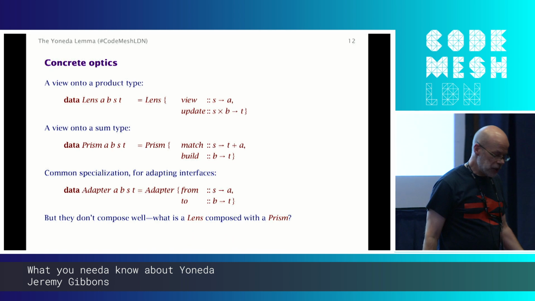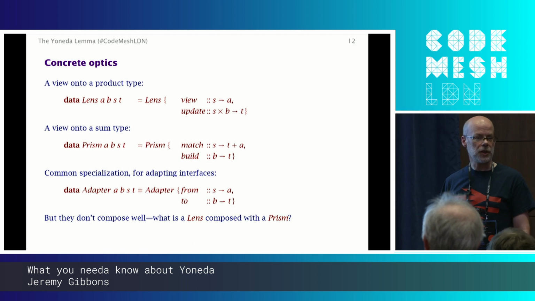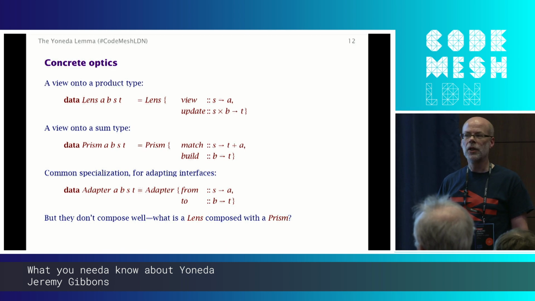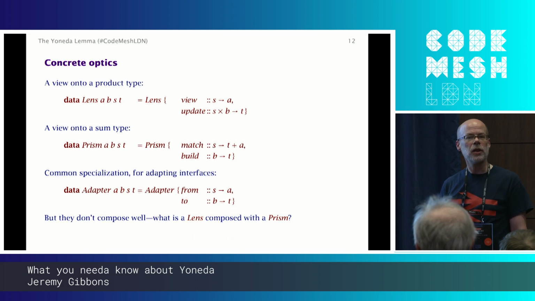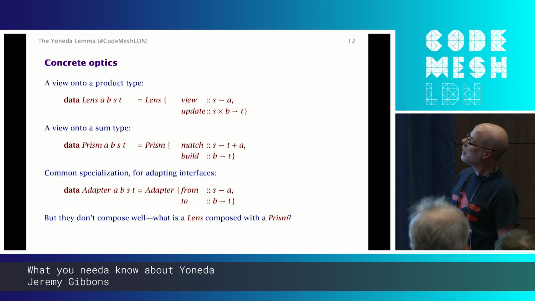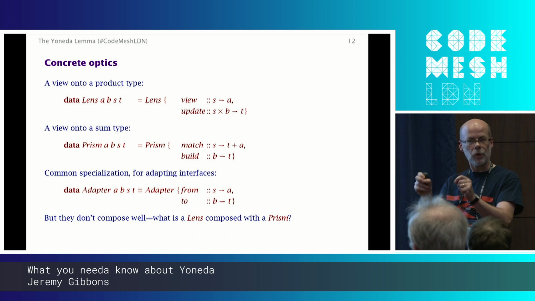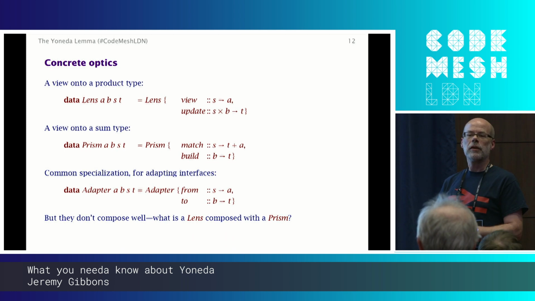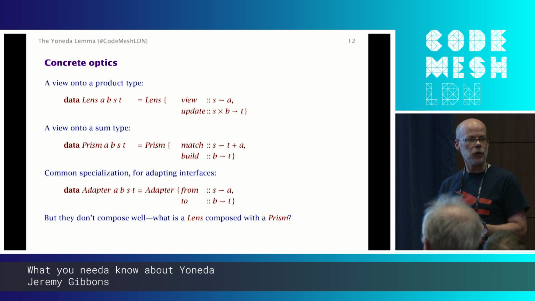Benjamin Pierce and Nate Foster's work on lenses uses this concrete representation: a lens is a pair of functions. This is OK, but it's a bit clunky to compose them. You can do it. However, you can't combine a lens with a prism. If you have a field inside an optional record, you can't always get the field because the record might not be there.